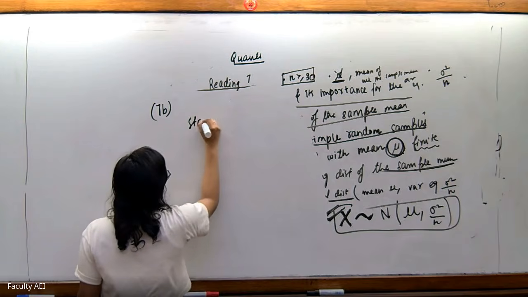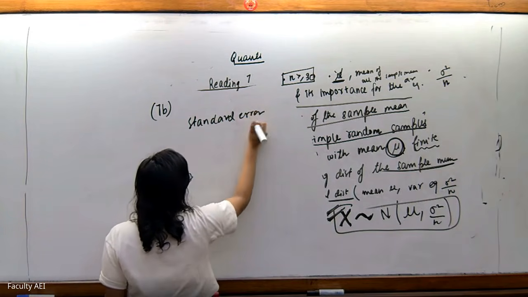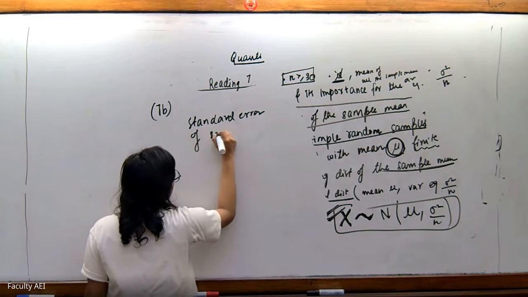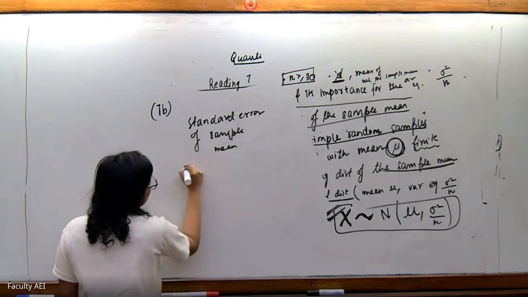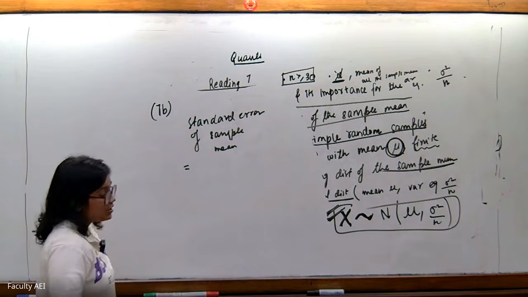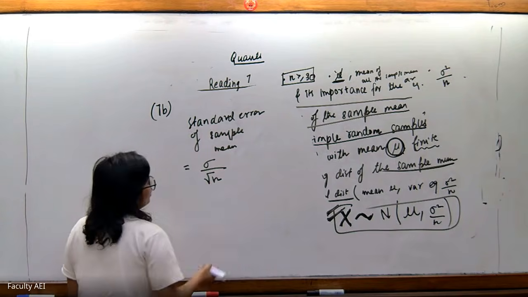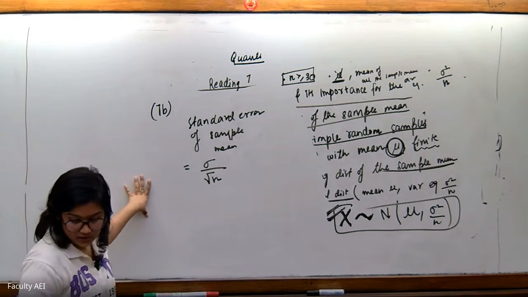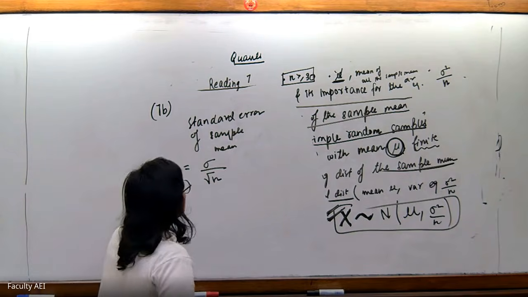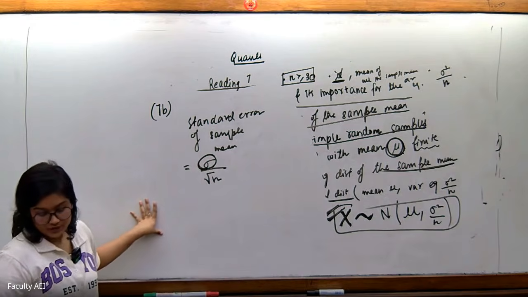What is standard error of the sample mean? We know the variance is sigma squared by n. The standard error would be what? Sigma by root n. The root of sigma squared by n is the standard error of the sample mean. But in most cases, sigma would not be known. Sigma is our population standard deviation.